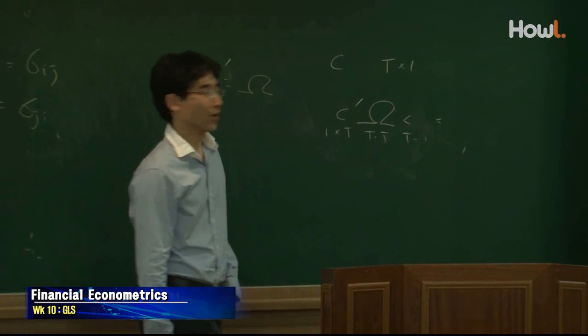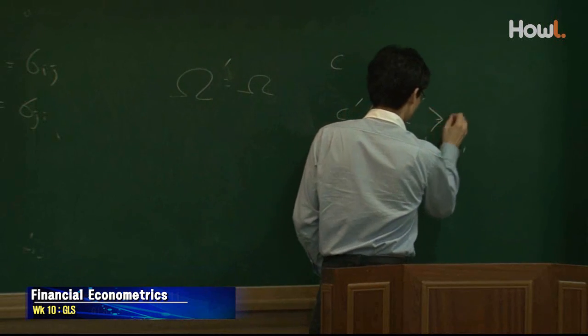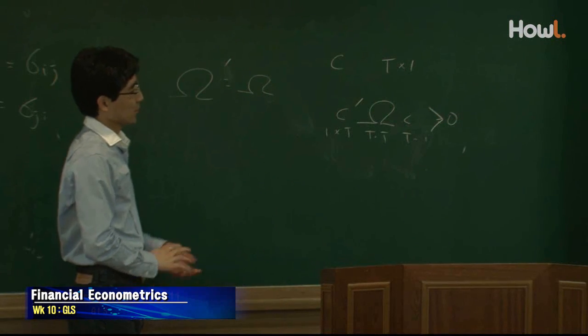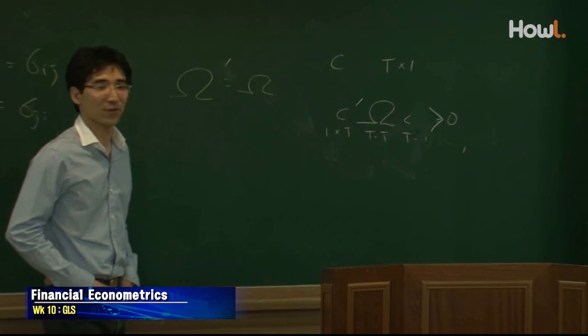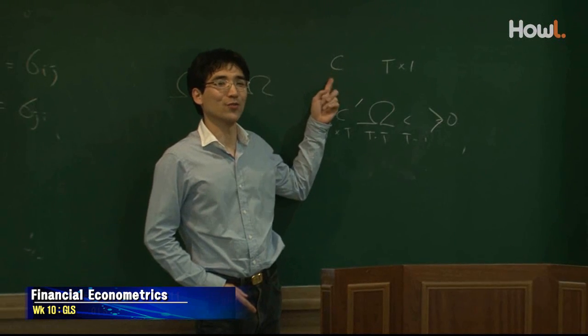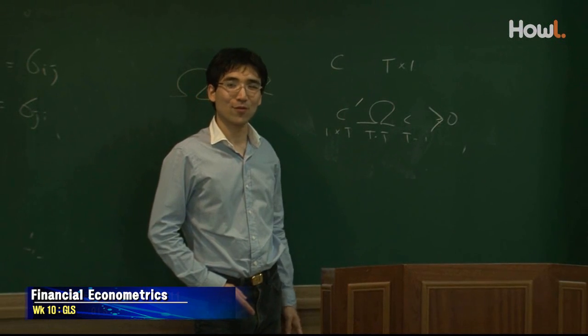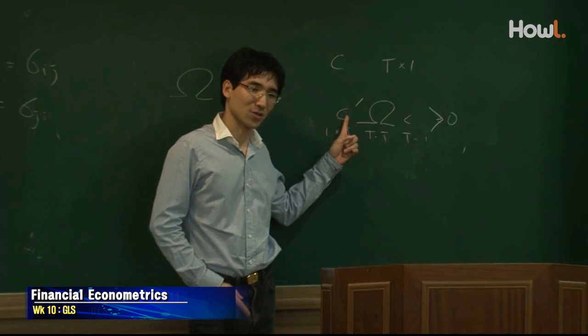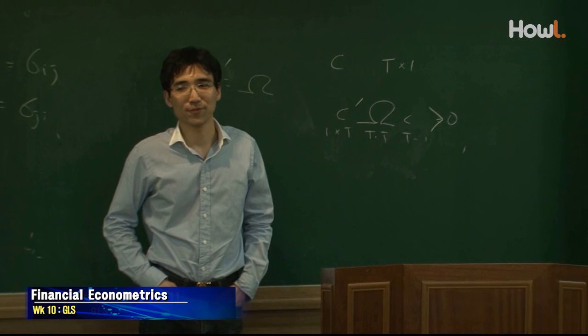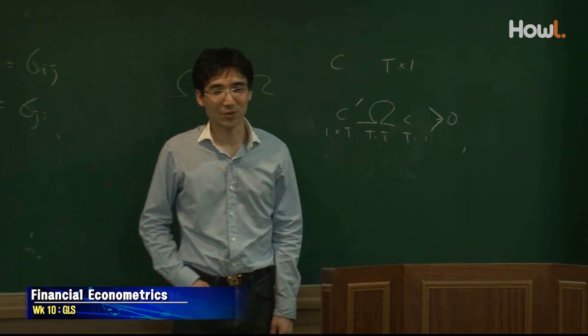And if this constant is greater than 0, then it is positive semi-definite. So for any real valued vector, if we have this relationship, this omega matrix would be positive semi-definite.